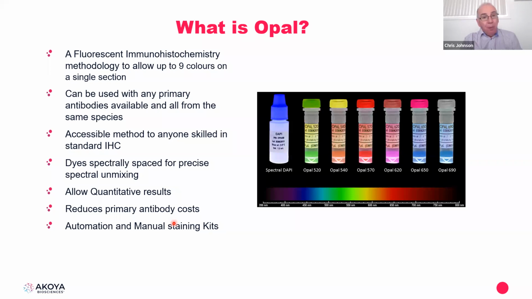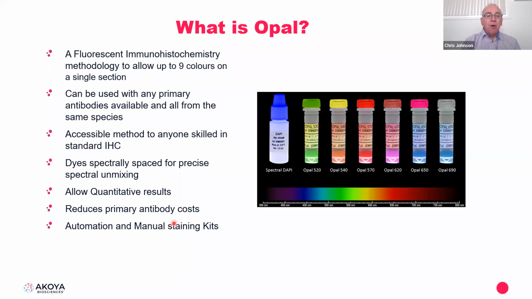So in comes Opal. So what is Opal? Opal is a fluorescent-based immunohistochemical methodology, which can allow up to 9 colors on a single section. Importantly, it can be used with any primary antibody source available, and they can all be from the same species. It's an accessible method to anyone who has some skill in standard immunohistochemistry.